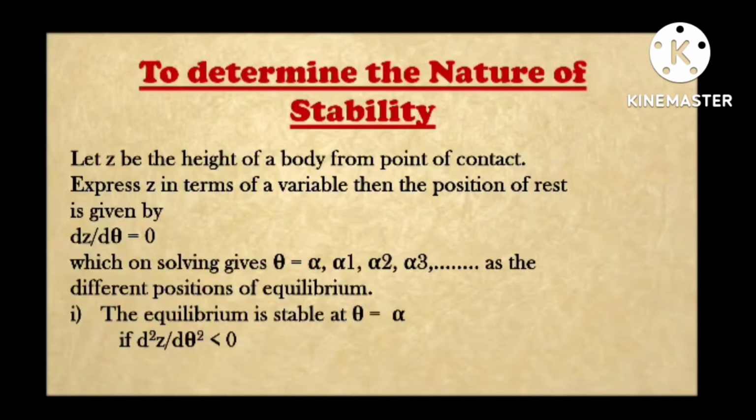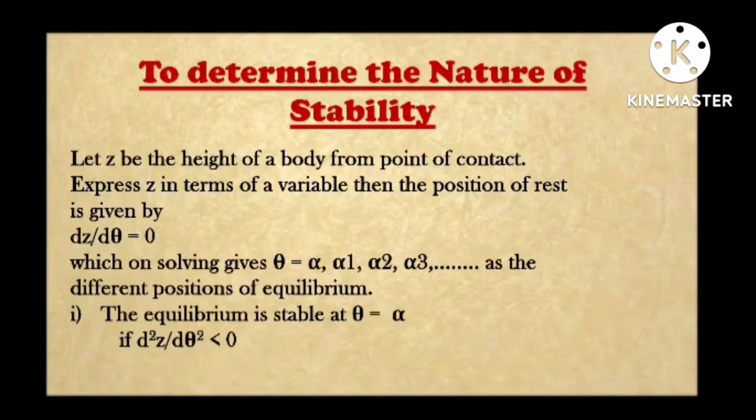Now to determine the nature of stability. Let Z be the height of a body from the point of contact. Express Z in terms of a variable theta, then the position of rest is given by dz/dθ = 0, which on solving gives θ = α, α1, α2, α3 and so on as the different positions of equilibrium.